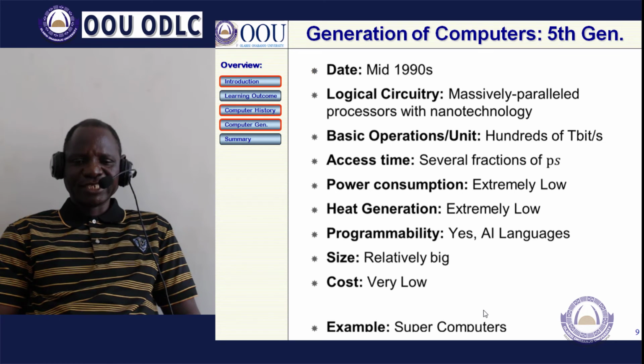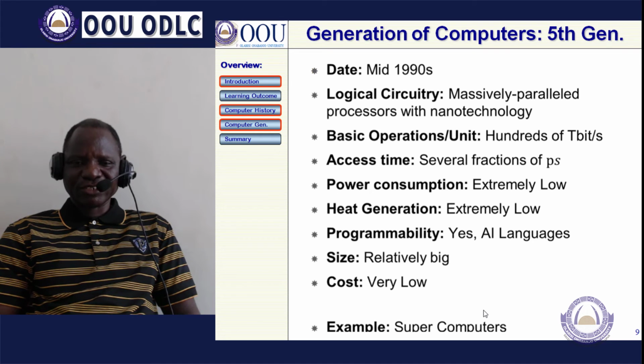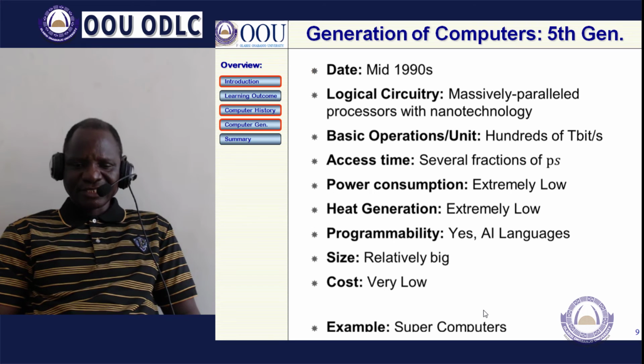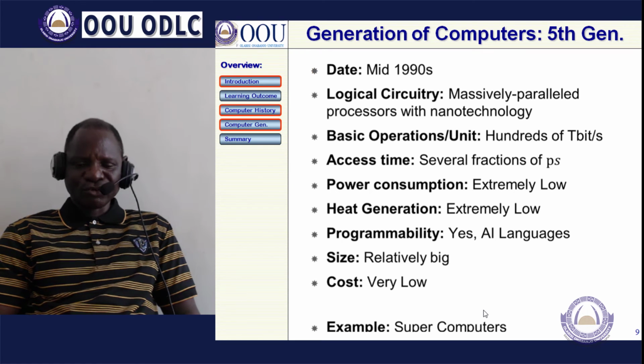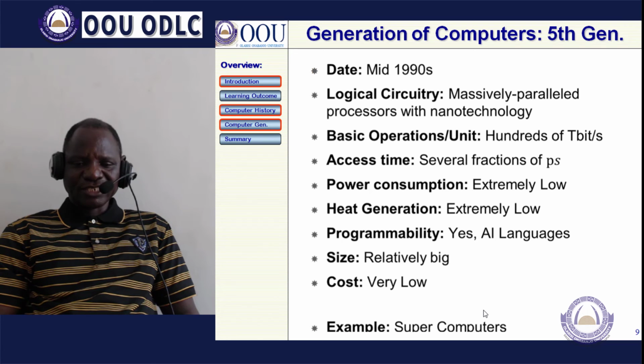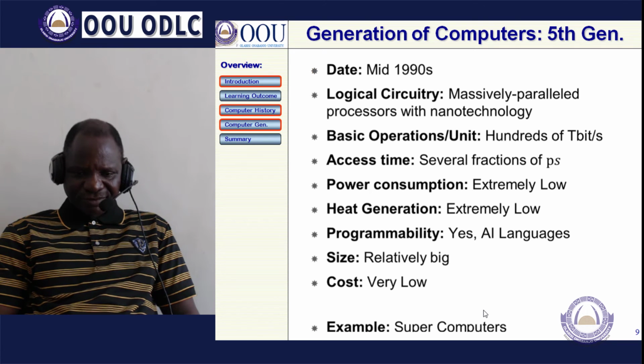No, but we are saying in comparison with first, second, third generations, comparing their versatility in terms of technology, in terms of operations per unit, programmability, and size to the other generations, then the costs can be said to be very low, even though it is not within the range of an individual.